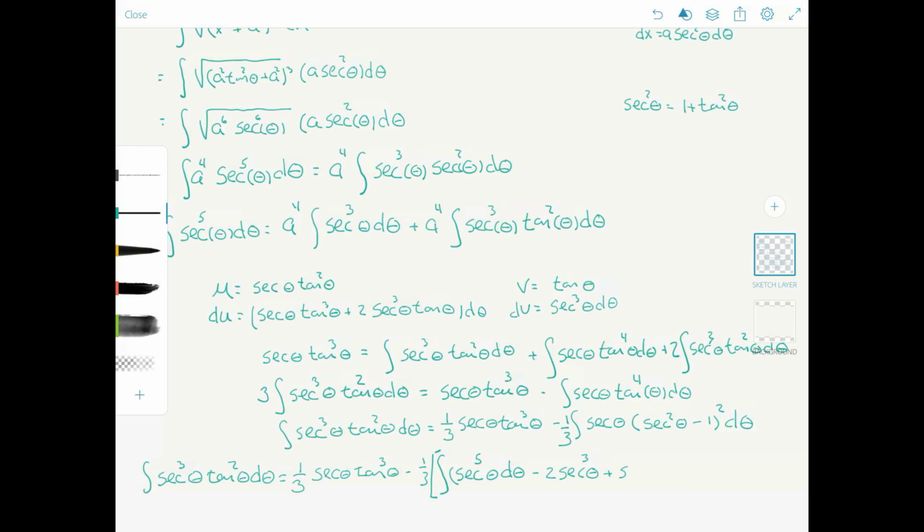And once we break that up into 3 integrals, I think we'll be ready then to plug it back into the original expression, which is about the 5th line down from the top.